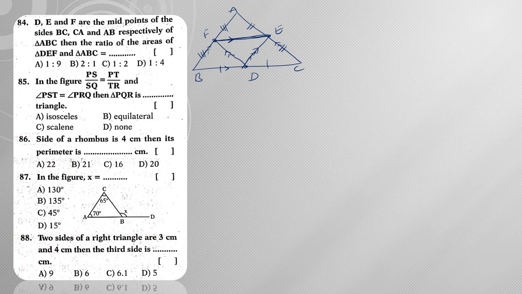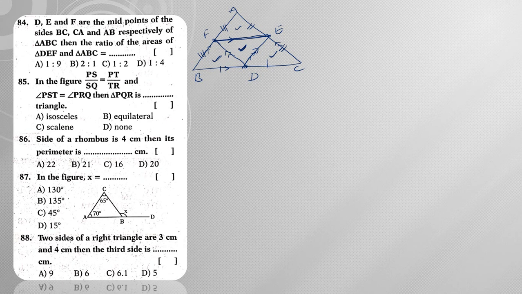Now clearly you can see that this is a parallelogram. In a parallelogram, when you draw a diagonal, it will divide the parallelogram into two congruent triangles. Likewise everywhere, so clearly all these four triangles will have the same area.